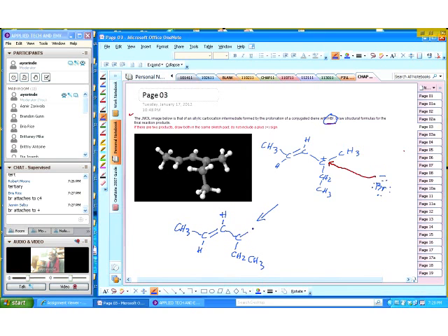The ethyl group is here, the methyl is here, and the bromine is here.